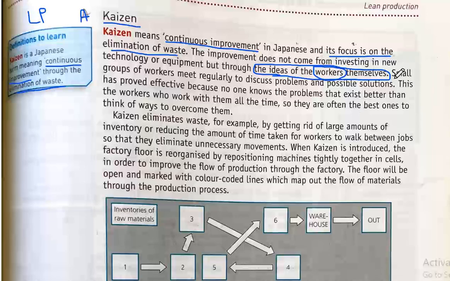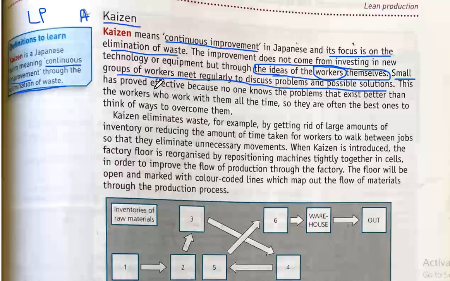So what do we do in the Kaizen method? Small groups of workers meet regularly to discuss problems and possible solutions. They discuss the problems they faced, and they provide the manager with solutions for these problems.